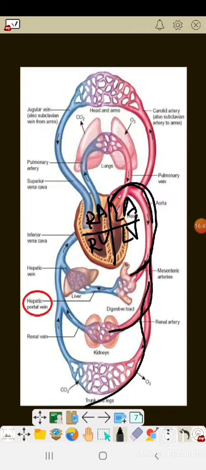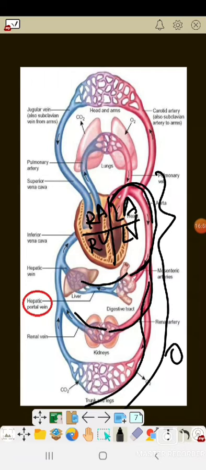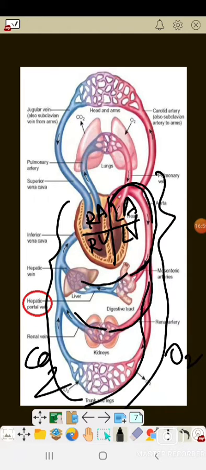Now the blood has become deoxygenated. Here it was oxygenated, but here deoxygenated. So more carbon dioxide content will be present in the deoxygenated blood, though it has less oxygen.